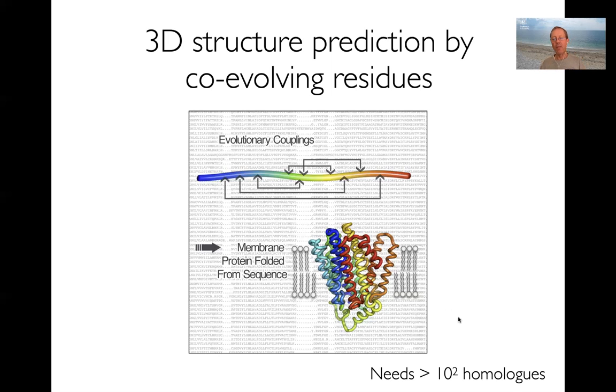The only caveat is you need a fairly large number of homologs for this to work. But with the enormous rate of sequencing happening today, this is a problem that will soon be solved for almost all protein families, membrane protein families, or families of soluble proteins for that matter.